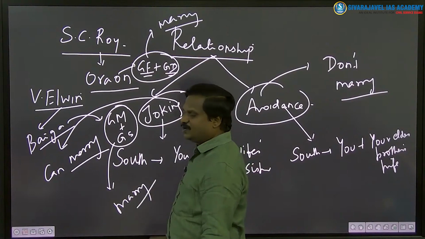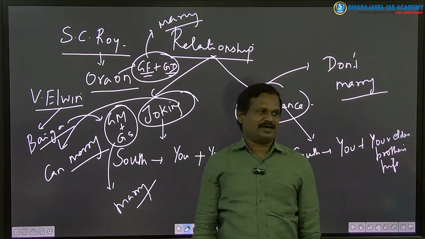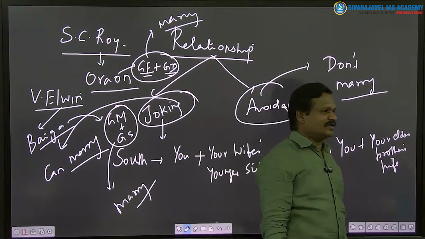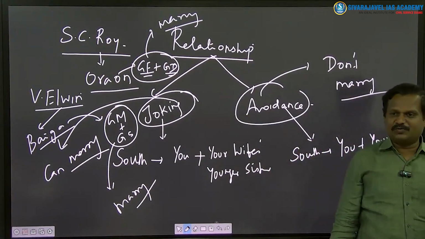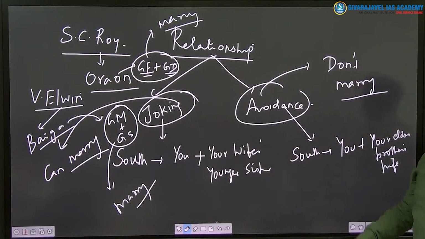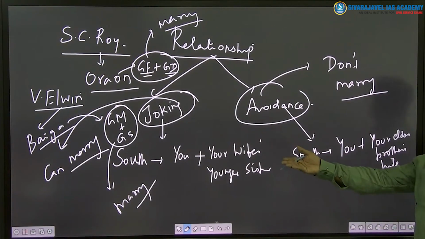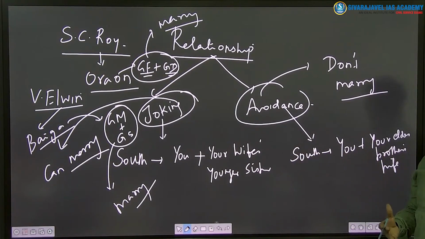Look at this. Who can be married and who cannot be married is based on culture. If you go to Oraon society, you will be shocked to see that a granddaughter will marry a grandfather. If you come to the Baiga society, you will be even more shocked that a grandmother will marry the grandson. So marriage and kinship are based on cultural rules.